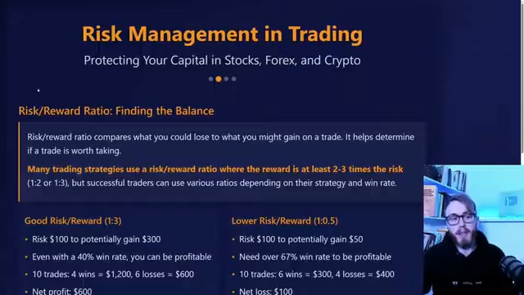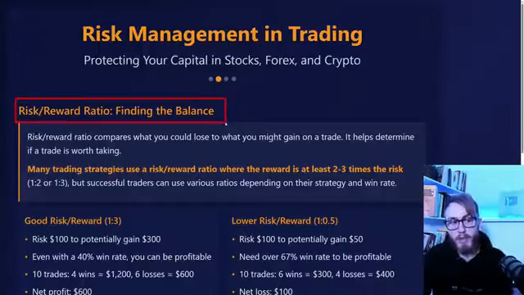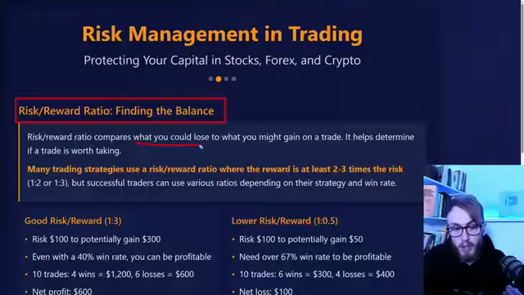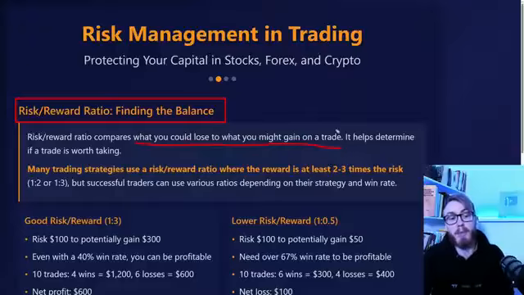But alright, so now let's take a closer look at the risk to reward ratio. This is one of the most important concepts to understand when it comes to risk management. The risk to reward ratio basically compares what you could lose to what you could gain on a trade. So it helps you determine if a trade is worth taking or not.